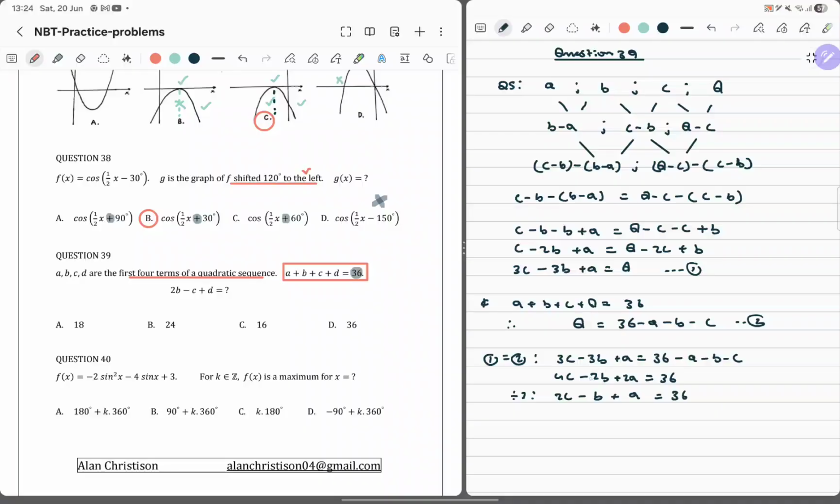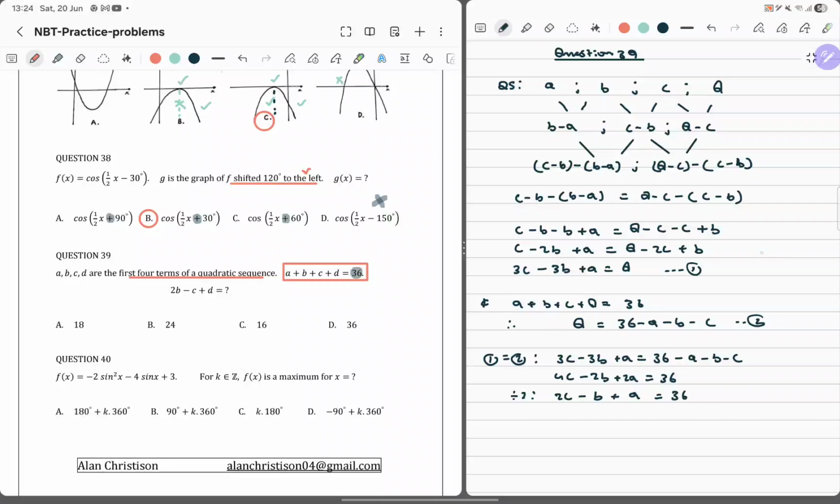Okay, 2B is here. Let's just double check if everything is good. D minus C, then D minus C minus minus. Okay.